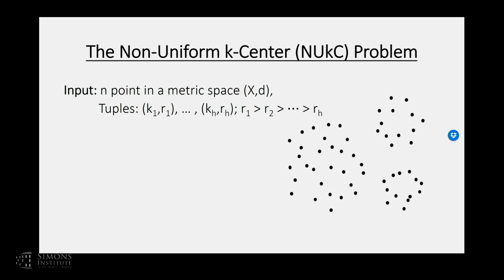Okay. Here's the problem. I'm given a metric space (X, d), and now instead of one number k, I'm given (k1, r1), (k2, r2), up to (kh, rh). So these r's are like the rates of the ambulances. What's the objective? The objective is to put centers. So there are k1 centers of radius r1, up to kh centers of radius rh.